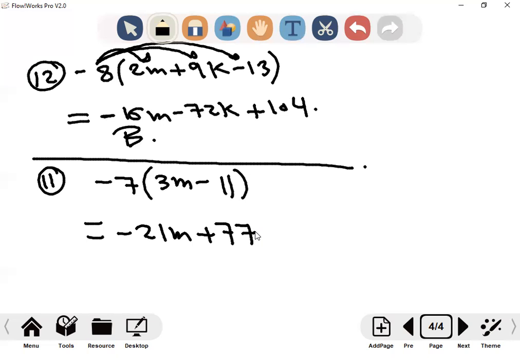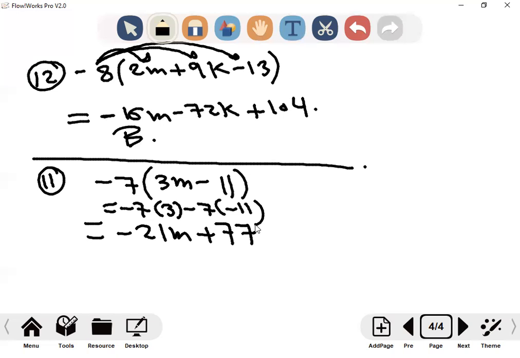This is yes, he is distributing, right? He did the step which we skipped, negative 7 by 3m minus 7 by negative 11. He did it, we didn't, we did it mentally. So the second part is yes, check on yes.